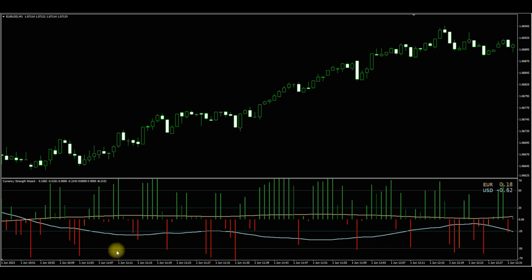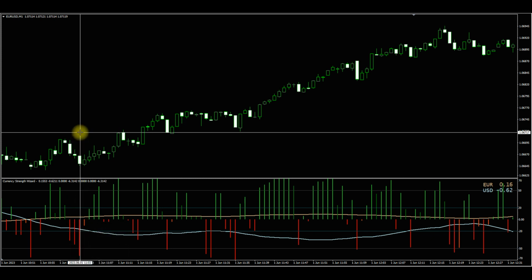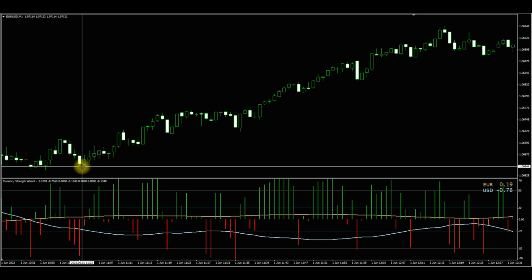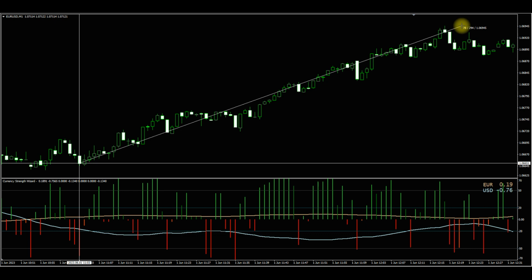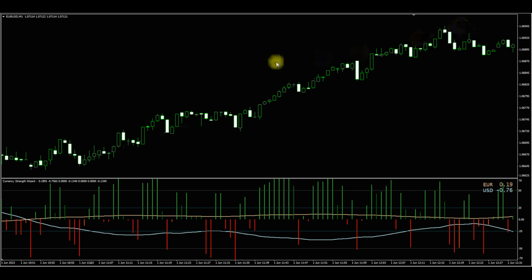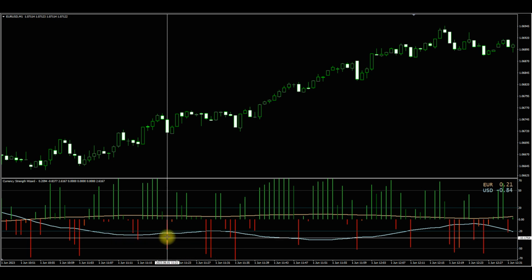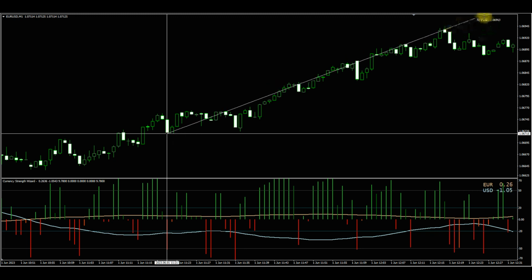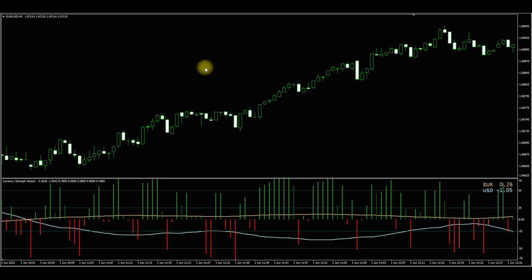For example, this long red bar is a great point for your possible buy entry in the direction of this buy trend. This one is another great point for entry, I mean, in the direction of the buy trend. Another two bars we have, another bar. So these are great points.